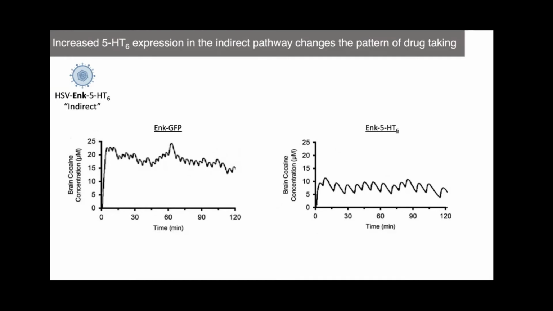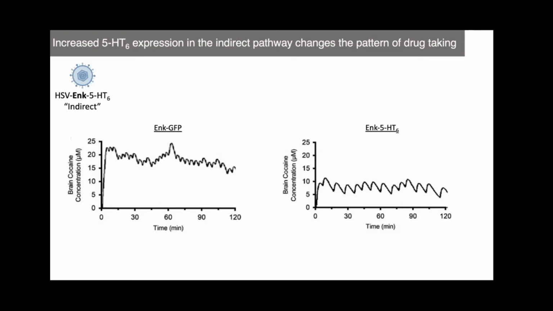Now, this was a really interesting behavioral pattern. And so I wanted to ask what was driving this behavior? What was driving this reduction in cocaine consumption? One possible explanation is that increased 5-HT6 signaling in the indirect pathway is altering their movement, which would make sense because basal ganglia circuits are critical for regulation of movement.